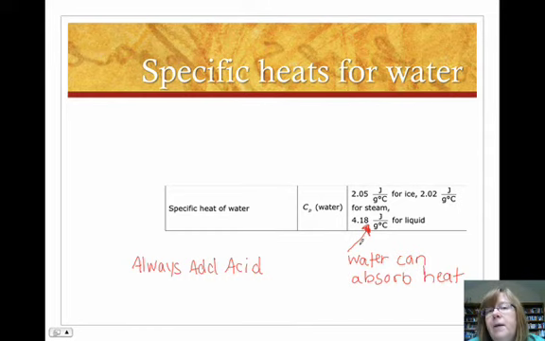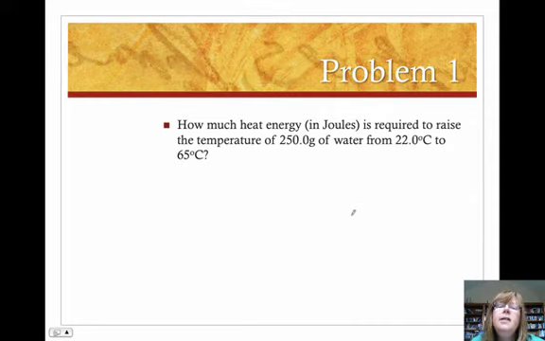Also at a nuclear power plant, that big cooling tower, that's water to cool the nuclear reaction. That puts off a lot of heat. So water specific heat is high compared to other substances, and be careful when you're working with water. Make sure you look, are you working with ice, are you working with steam, or are you working with liquid water? So now what we're going to do is we're just going to practice some problems using our equation.